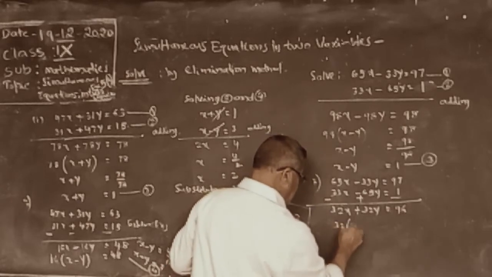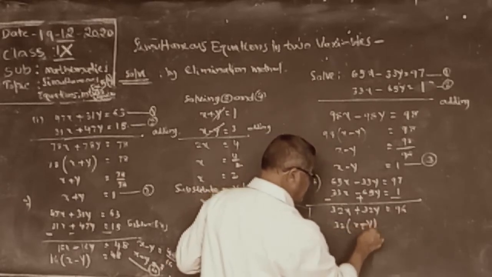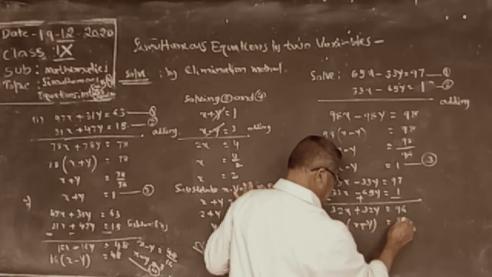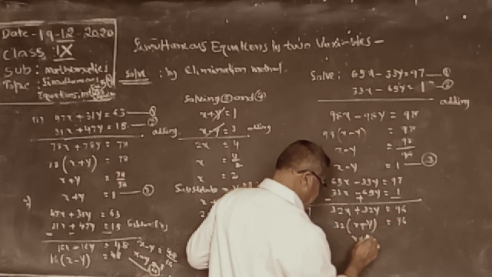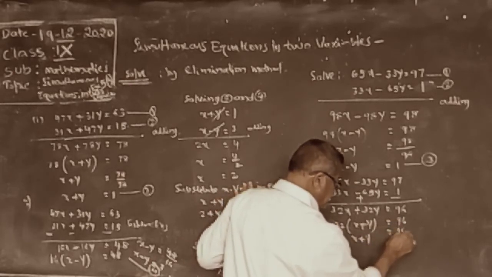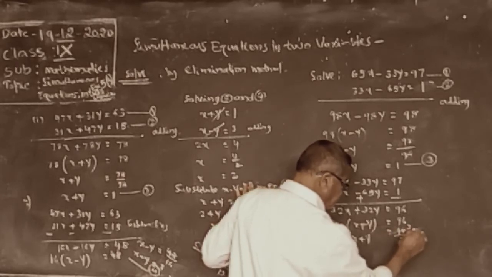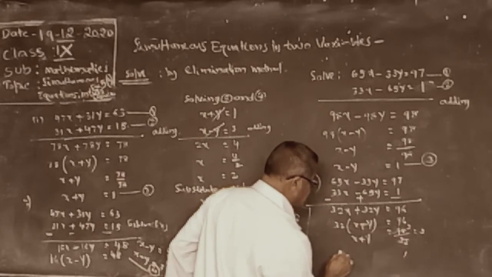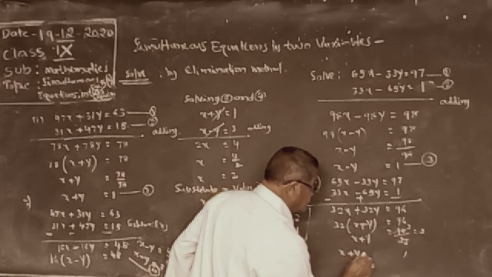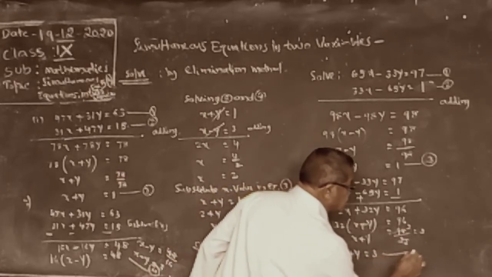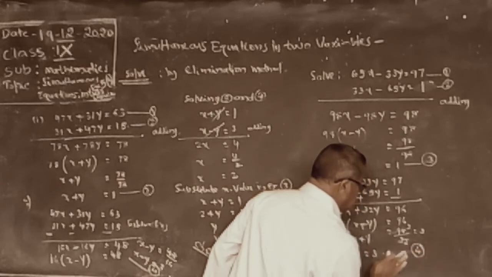Taking 32 common, x plus y is equal to 96 by 32. That is 3. So x plus y is equal to 3. Equation 4.